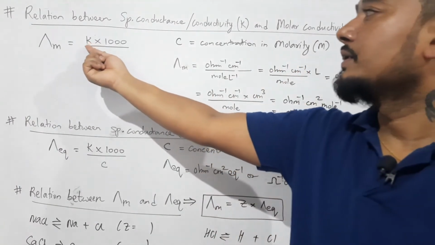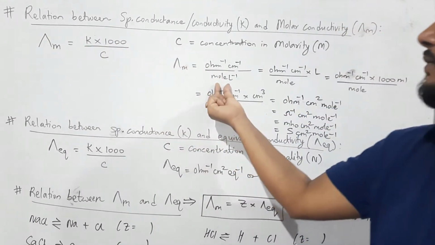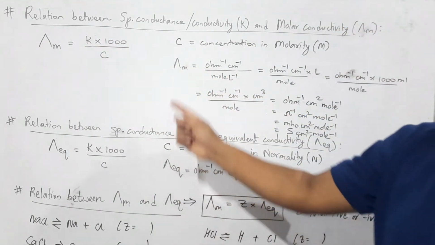So I place the unit of kappa and the unit of C here, leaving out 1000.